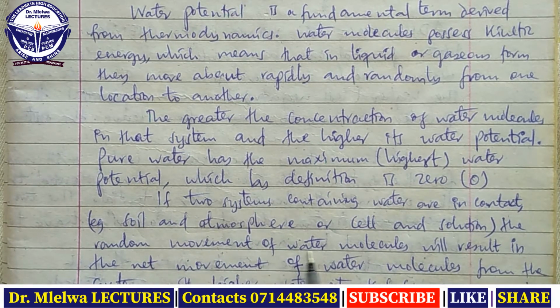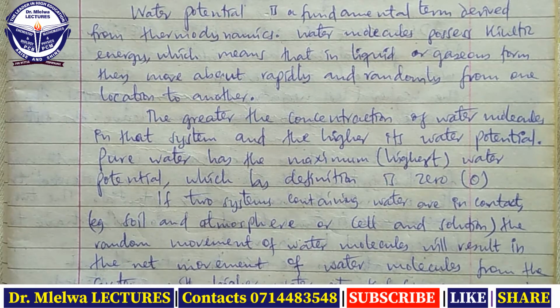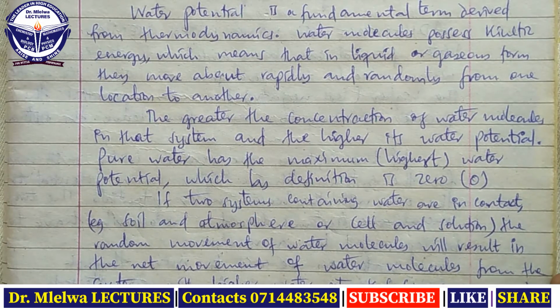Then the random movement of water molecules will result in the net movement of water molecules from the system with higher water potential, or higher energy, to the system with lower water potential, or lower energy.